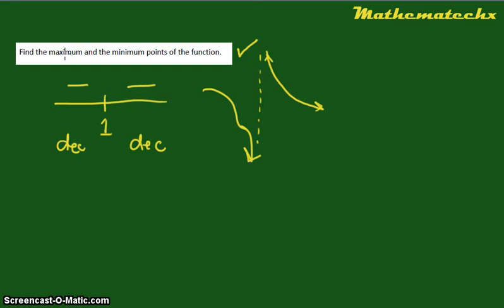As you can see, there is no maximum and there is also no minimum point. This is just one of the cases, so don't think there will always be no maximum or minimum points. Since there is no change from increasing to decreasing or decreasing to increasing, there are no maximum or minimum points. So the answer to this task is none.